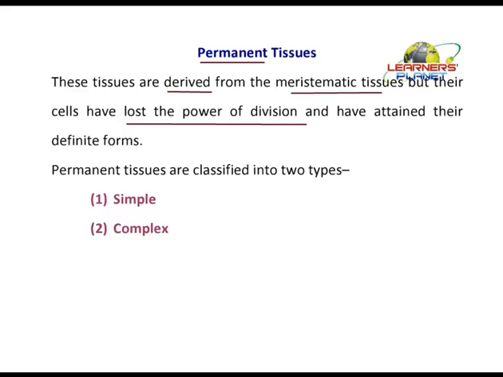It will become inconspicuous and is pushed towards the side of the wall. Then intercellular space: it varies in permanent tissues, whereas it is absent in meristematic tissue. The cell wall is made of cellulose in both permanent and meristematic tissues, but in meristematic tissue it is thin, whereas in permanent tissue the thickness varies according to the type of tissue.